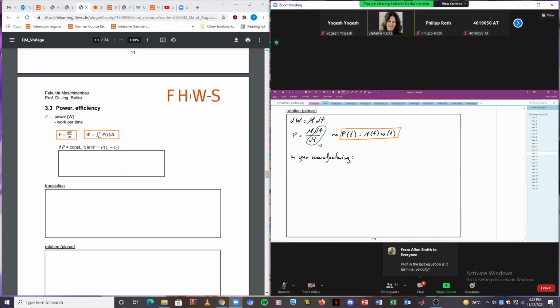In the last equation, that's omega, angular velocity. The moment M, or the v, the velocity in case of translation, and angular velocity. And the capital M is the moment.